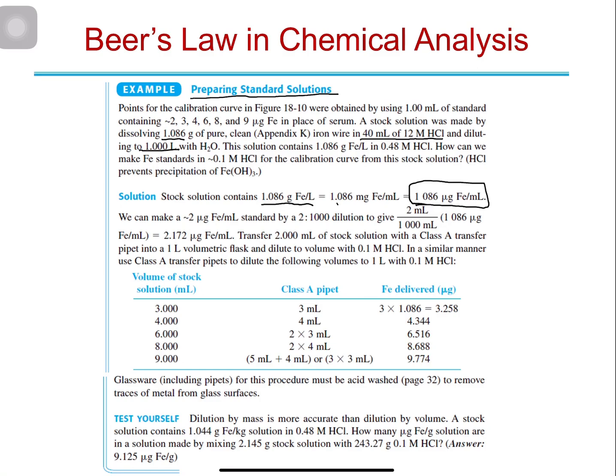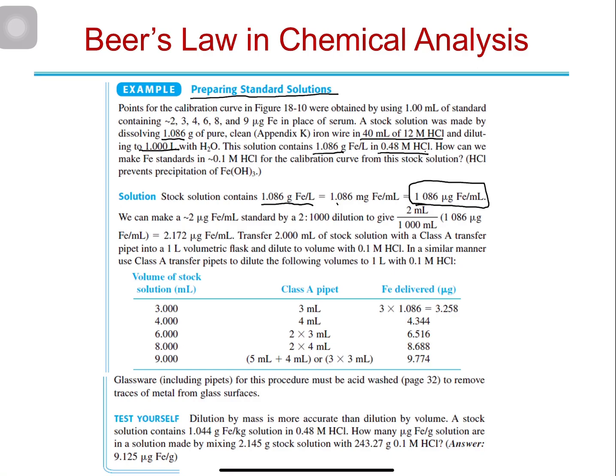So now the question is, we said that the solution contains 1.086 gram iron per liter and 0.48 molar HCl. This molarity comes from the dilution from 40 ml into 1 liter. So even the concentration of HCl or molarity of HCl has changed because of the dilution.